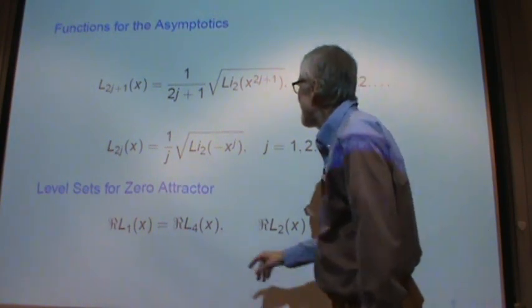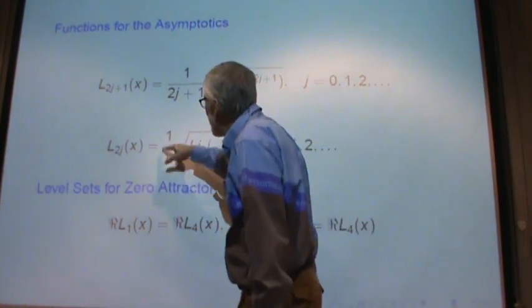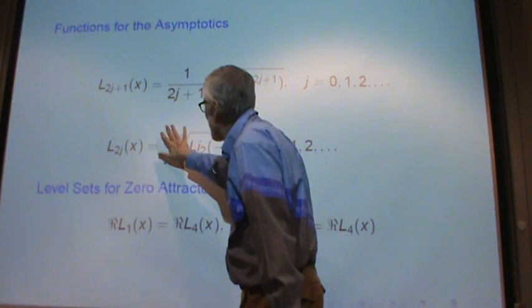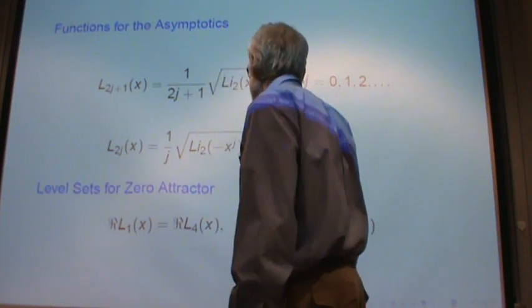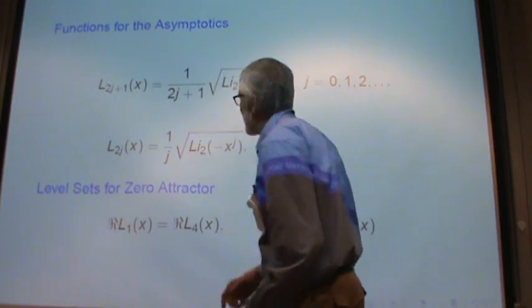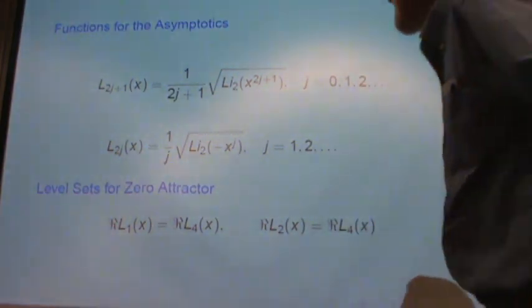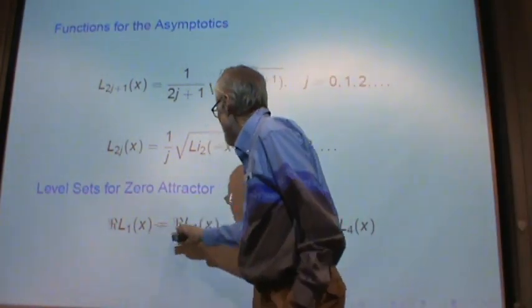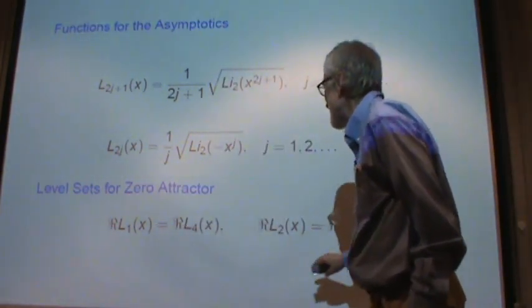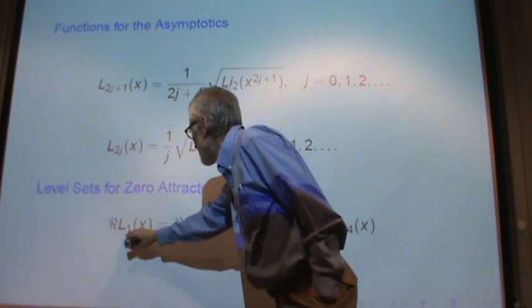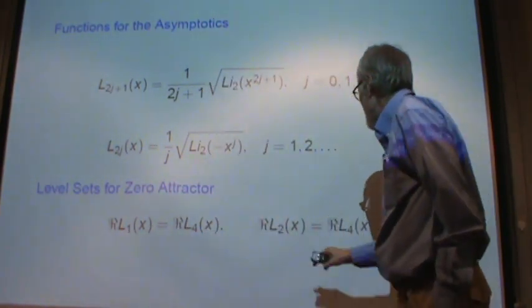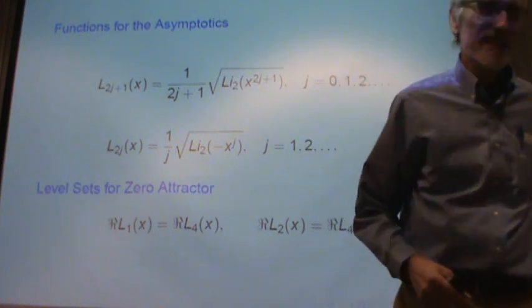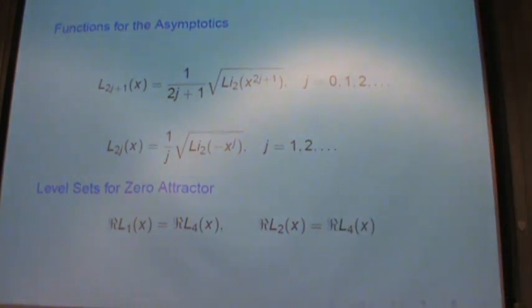For the even case, instead of having 1 over 2j, I have 2 over it, and then I have minus x to the j. So the level set for the attractor involves setting the real part of L1 equal to the real part of L4, and the real part of L2 equal to the real part of L4.